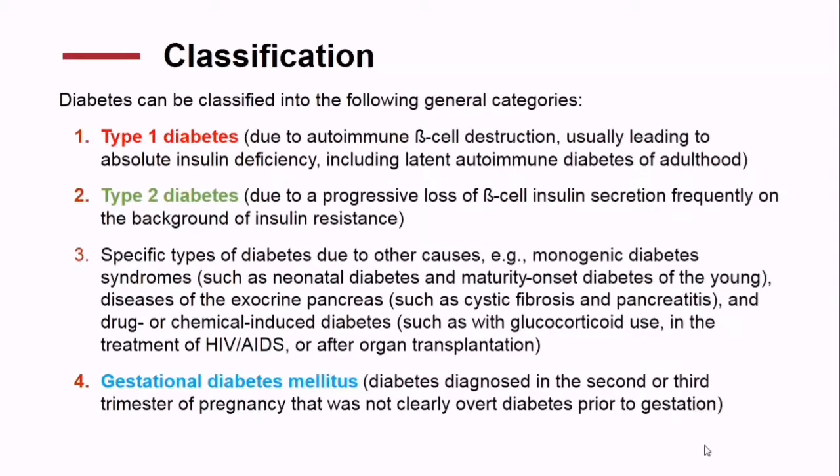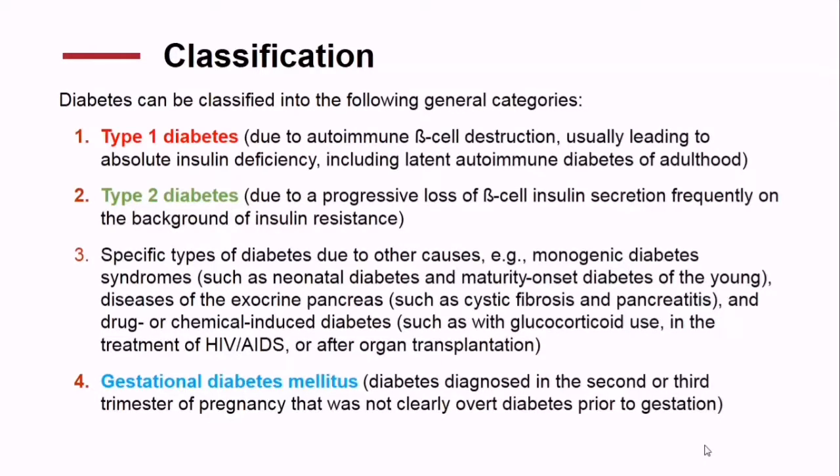So how can we classify this diabetes? It can be type 1 diabetes, which is due to autoimmunity to the beta cells. The beta cells are destroyed, which usually leads to the complete absence of insulin production. As we have seen in the definition in the previous slide, there is an absolute insulin deficiency which gives rise to elevated blood glucose all the time.